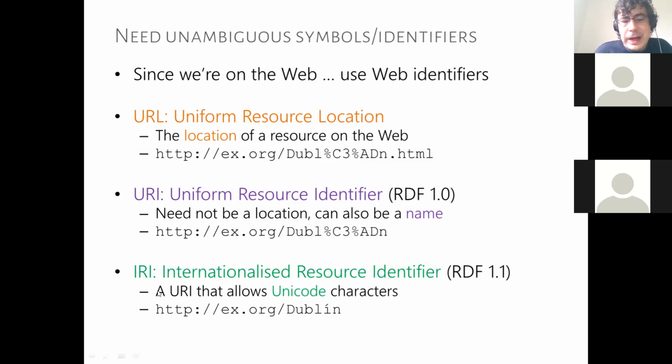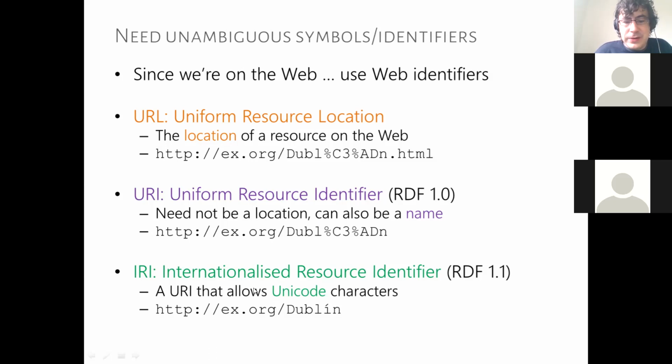And finally, we have IRIs, which are Internationalized Resource Identifiers. These are URIs that allow Unicode characters, so we don't have to worry about this ugly percent encoding if we decide to have an accent on one of our letters. IRIs allow Unicode and they don't have to be escaped. So URLs are essentially for giving the locations of documents on the web. URIs are for identifying arbitrary things; they are a generalization of URLs.